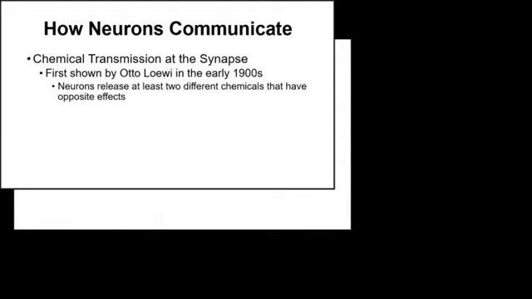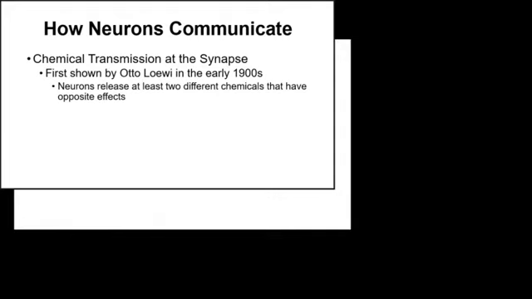Everything sort of decreases. And so his idea was, if I stimulate this nerve and the heart slows its beating, and I collect all of the saline that's bathing that heart, if it's not just an electrical signal, if there's something chemical, it might be in that fluid.